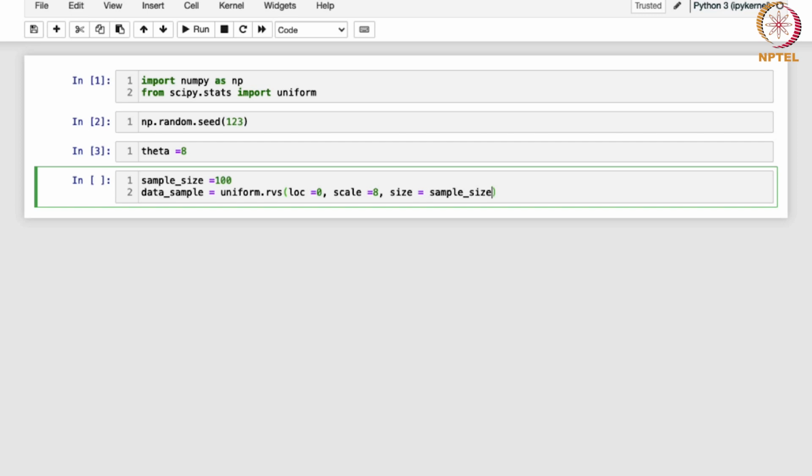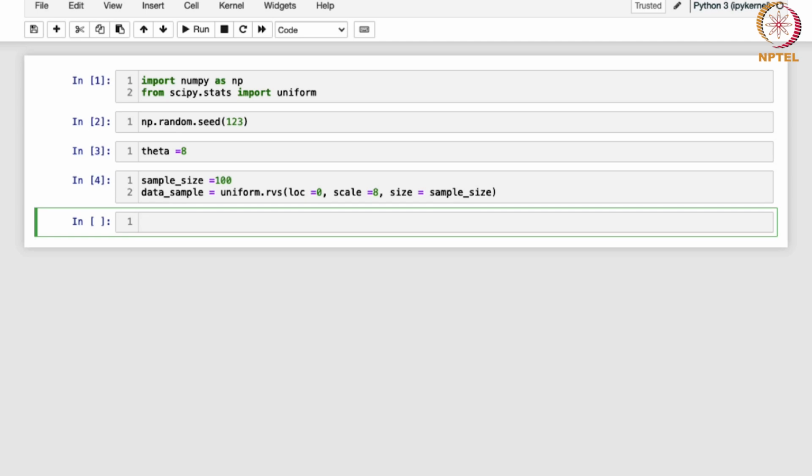Okay, so here we are generating random data from a uniform distribution, and we are storing it in this variable over here. Next, we are going to calculate the sample mean. So we will use numpy's mean function over here, data sample. Okay, and why are we calculating this sample mean?